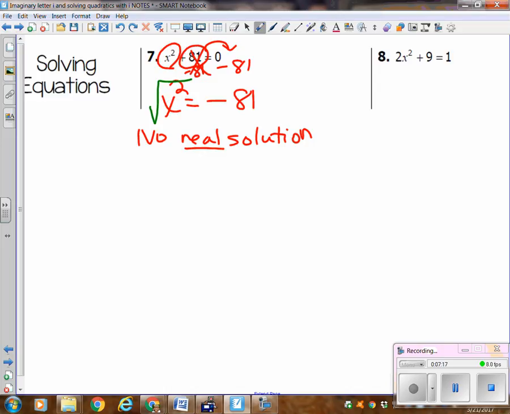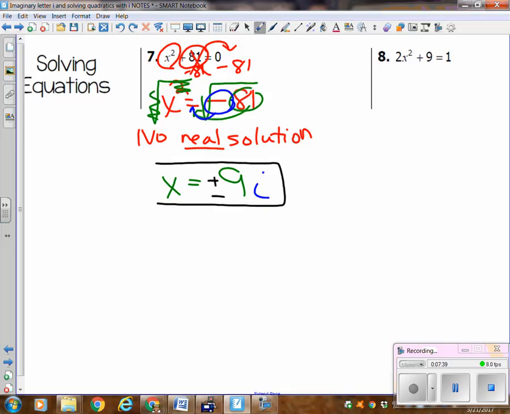So I'm going to take the square root of both sides. Taking the square root of a square gives me x. And 81 comes out as a what? 9. And the negative comes out as i. And then what are we supposed to not forget? Plus or minus.